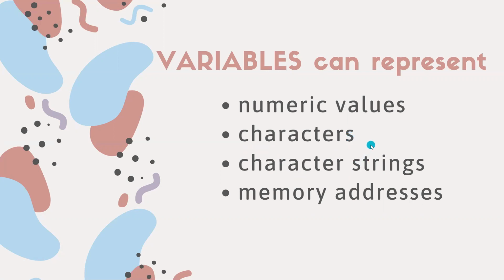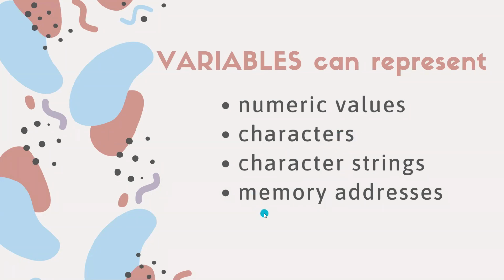When you get an input of letter A from a user, for example your middle initial is A, is it a character or a character string type of variable? It's only a character if it's letter A. Or when you ask, what is your last name? Oh, my last name is Smith. Is it a character or a character string? Smith. Very good, it's a character string. So that's the difference between the two.